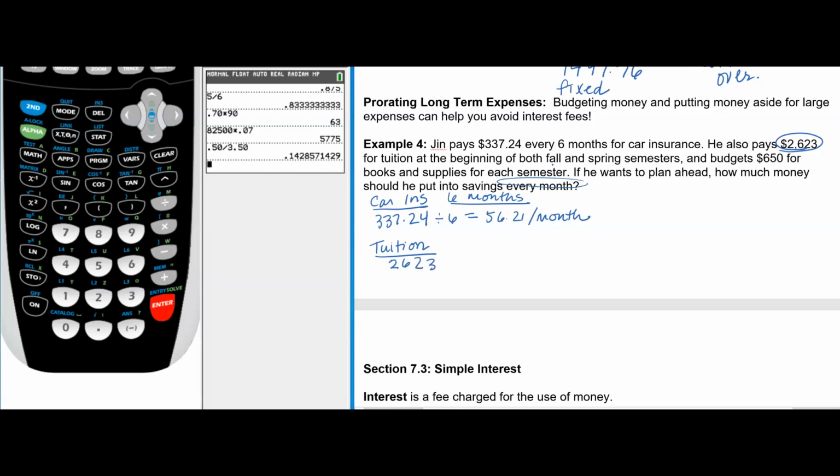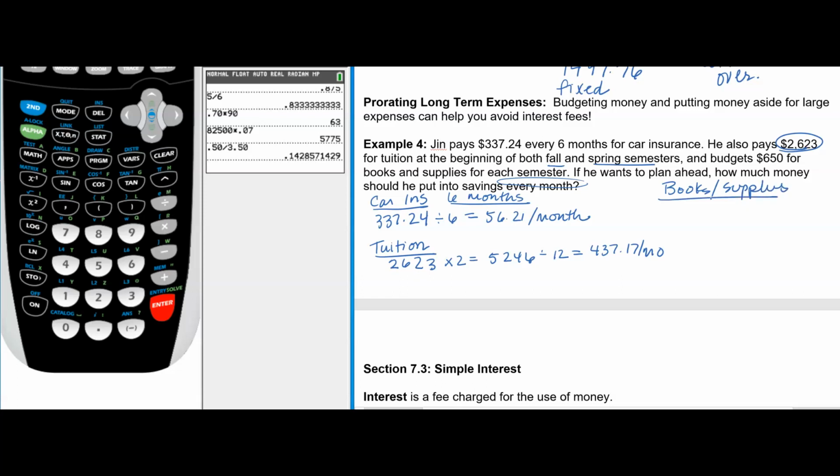But that is for fall and spring. So I'm going to multiply that by 2. I get 5,246, and then I want to know how much that would be per month. So I'm going to divide that by 12, since that's how much he pays per year in tuition. So $437.17 a month.